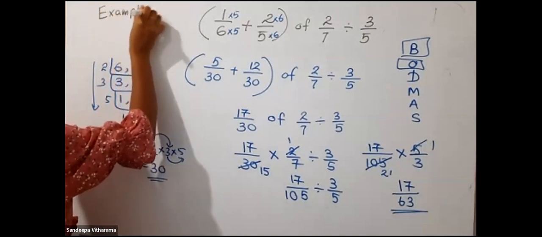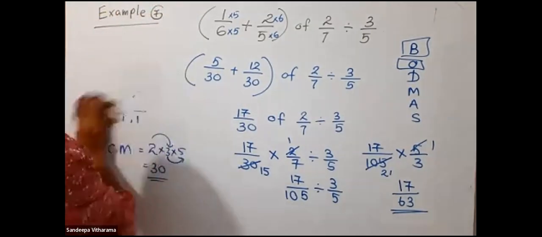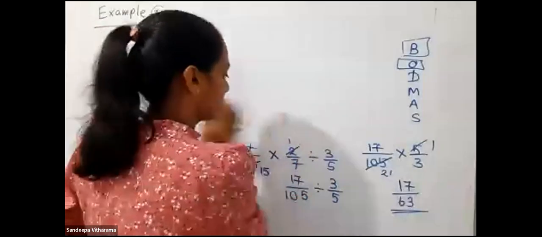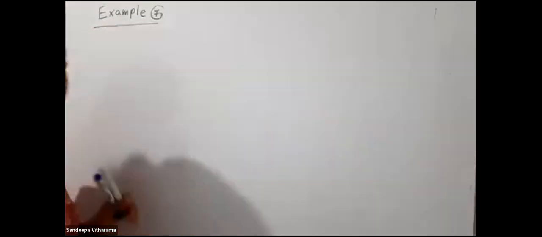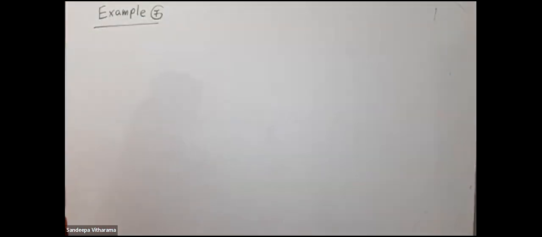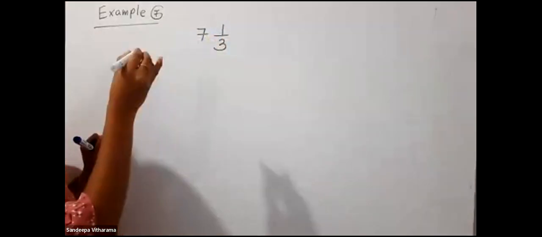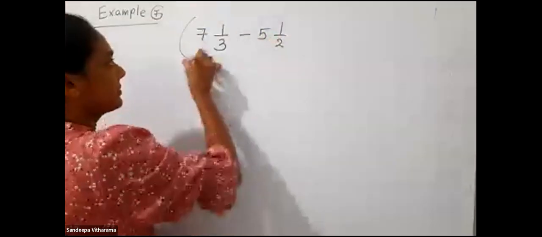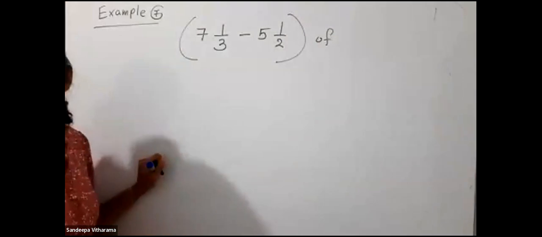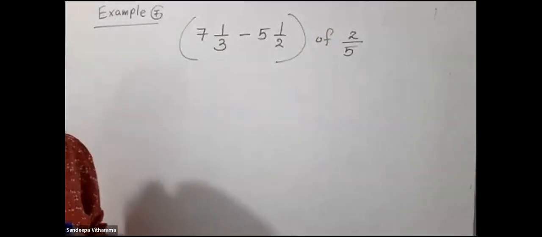Example: seven and 1 upon 3, subtract 5 and 1 upon 2 of 2 upon 5. Okay, do this.